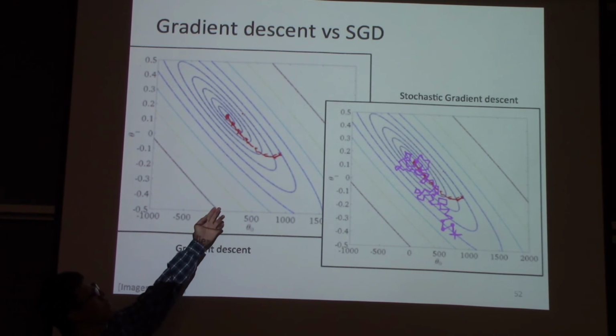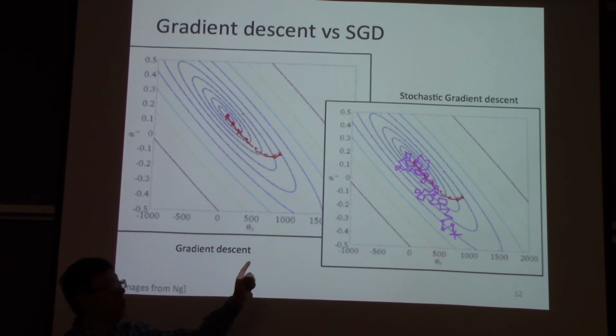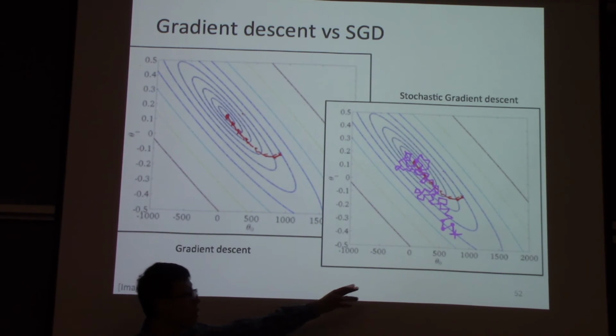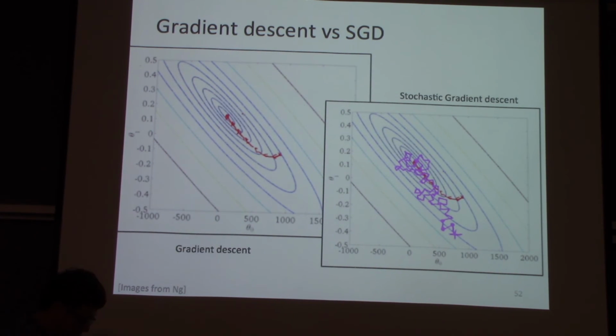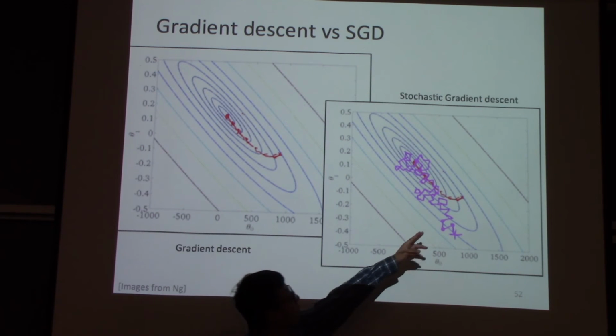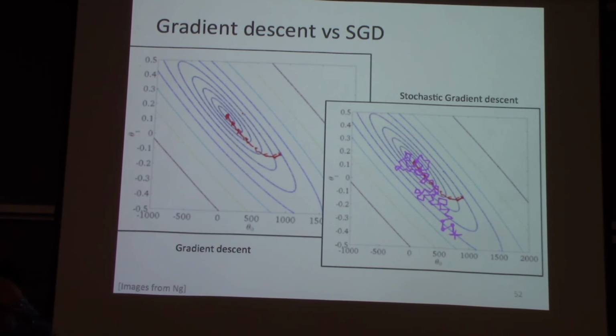So even though this looks a lot nicer, one step costs you a lot more than in the other case. This one looks messy, but every step is very easy. So you just do a lot of steps and you will arrive. And practically, stochastic gradient descent will be much faster. And if you are curious, the red line here is, I think, the average of the weight vector at each step.